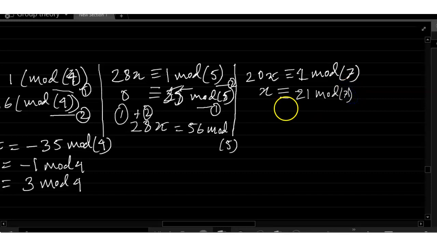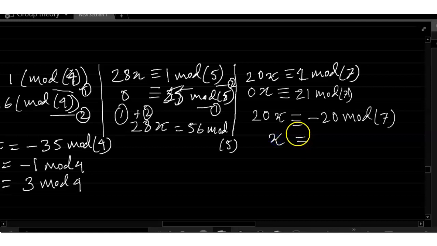Subtracting this, we get 20x equivalent to minus 20 mod 7. So x is equivalent to minus 1 mod 7.